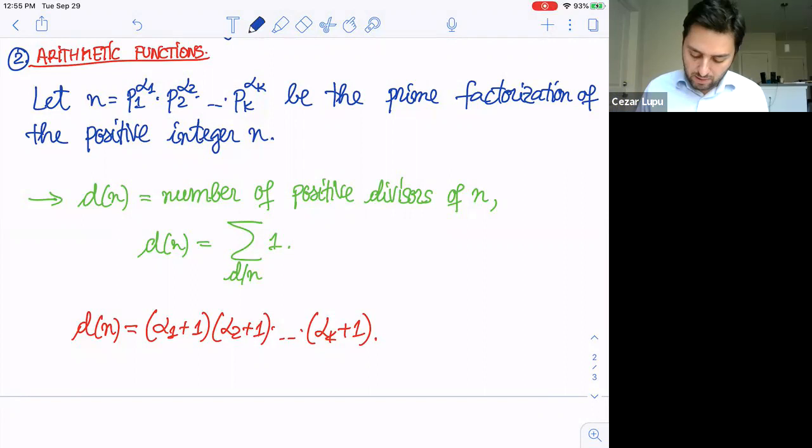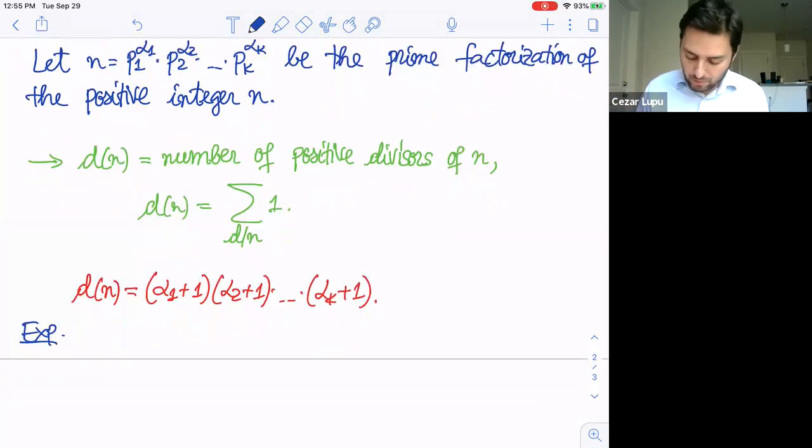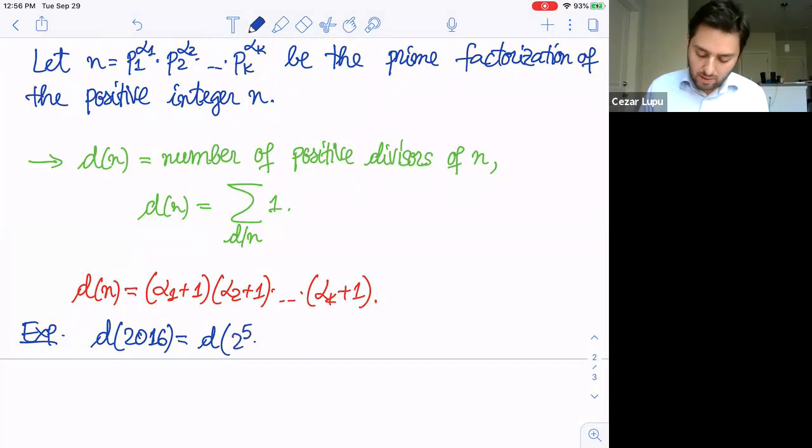So the number of divisors function has this formula. Now let me give you a quick example so that you see how this operates. If I want to compute d of 2016, we decompose 2016 as 2 to the 5th times 3 squared times 7 to the power 1.